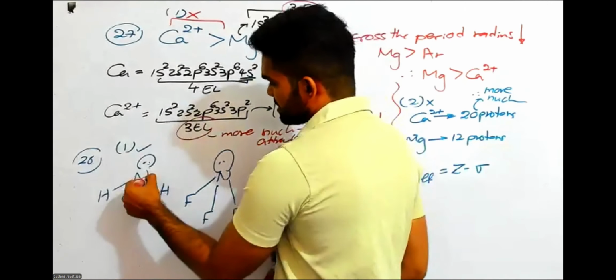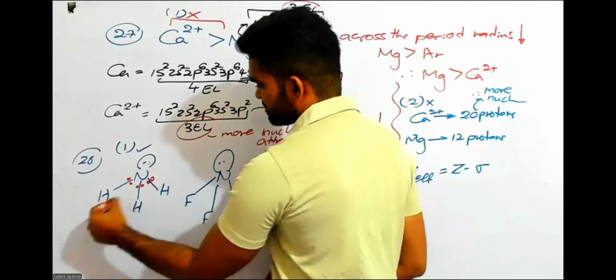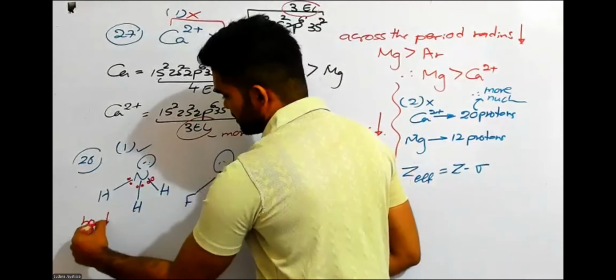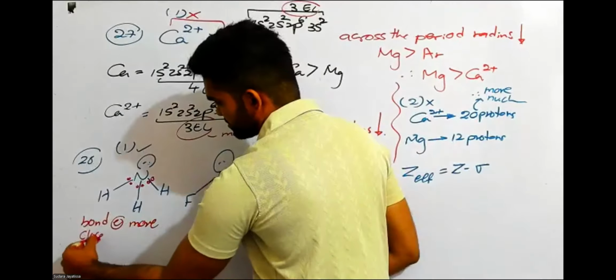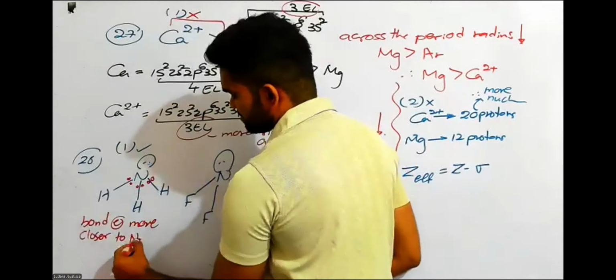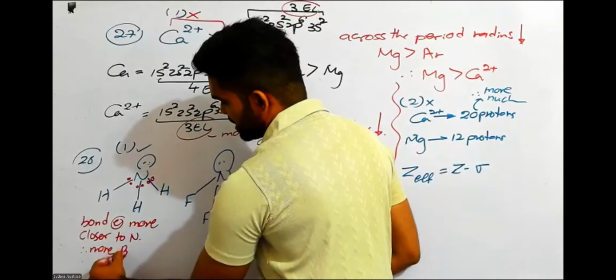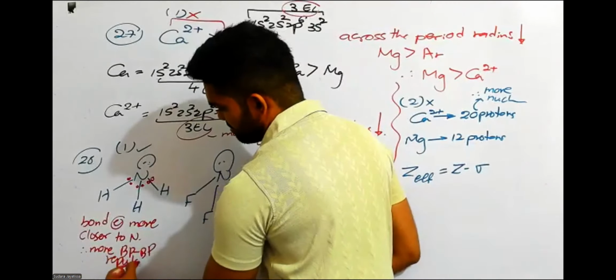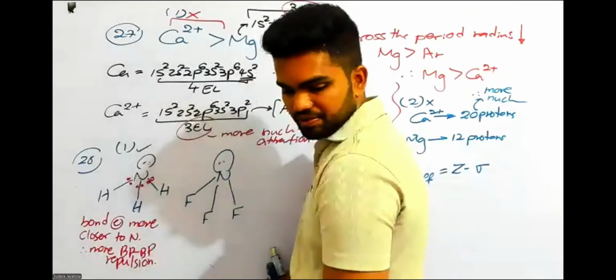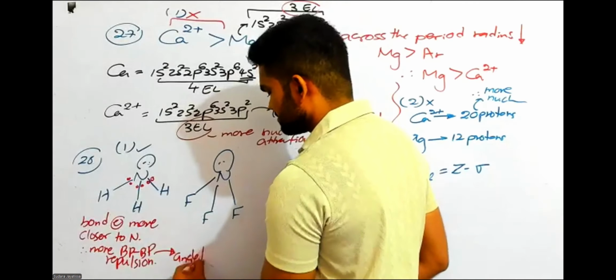In ammonia, the bond electrons are closer to the nitrogen. Therefore, there is more BP-BP repulsion. BP-BP repulsion is higher, so the angle is also higher.